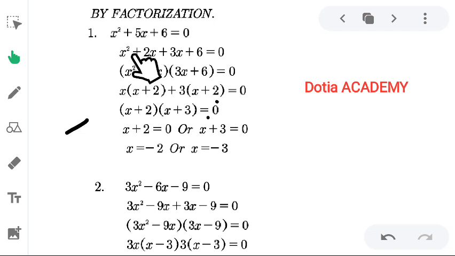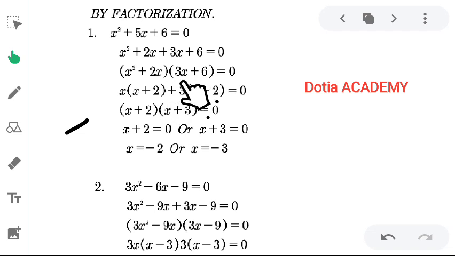In this case, you include x squared plus 2x in a bracket, and also 3x plus 6 in a bracket, all equal to 0. Then you factorize what needs to be factorized. Here, x is common to both terms. You factorize x out, and you are left with x plus 2.